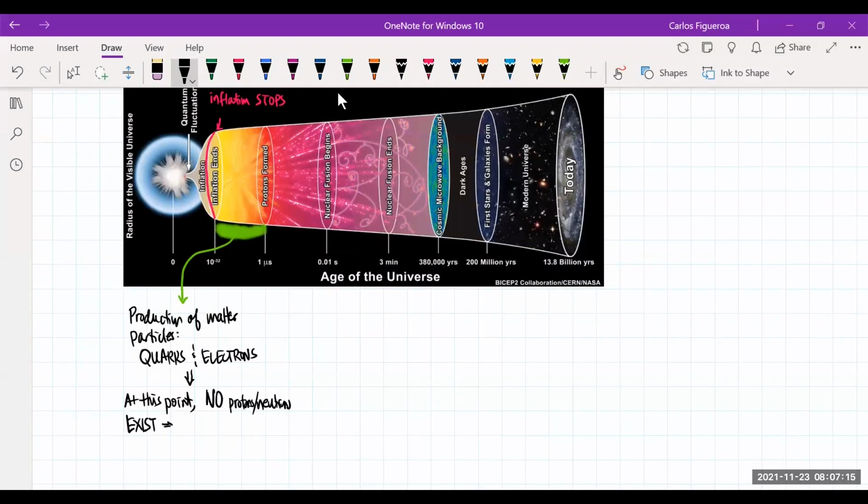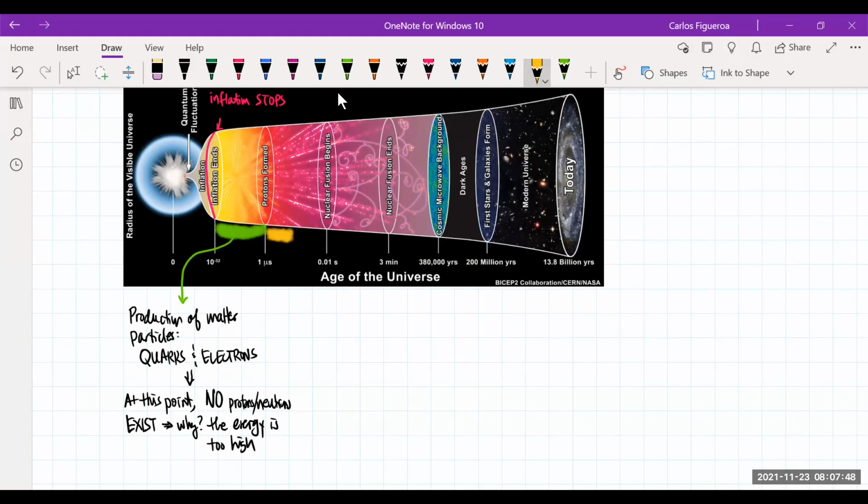And the reason why is that the energy density is too high. As soon as quarks try to bind to form protons and neutrons, it doesn't work. The energy that's in there, photons, electrons, and other quarks will literally come in and just smash them into pieces. So then we get to the next stage.